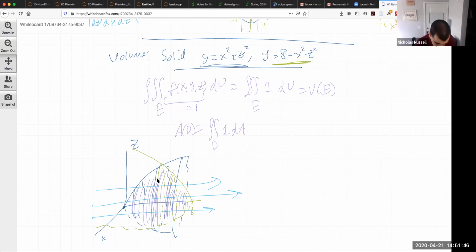And because of that, I know that y then can be bounded below by x squared plus z squared, and bounded above by 8 minus x squared minus z squared. My apologies. It's bounded below by that guy, because I'm going through my region. It's bounded above by 8 minus x squared minus z squared.